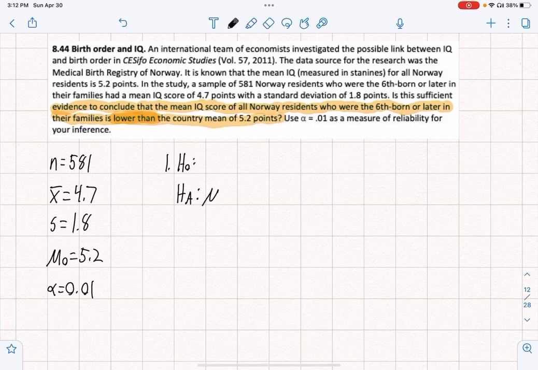So we are interested to see whether mu is less than 5.2, which means our null hypothesis will be greater than or equal to 5.2. Again, notice that this is one-sided, but now we're going in the other direction. In the last problem, this was a greater than, but now it's a less than.